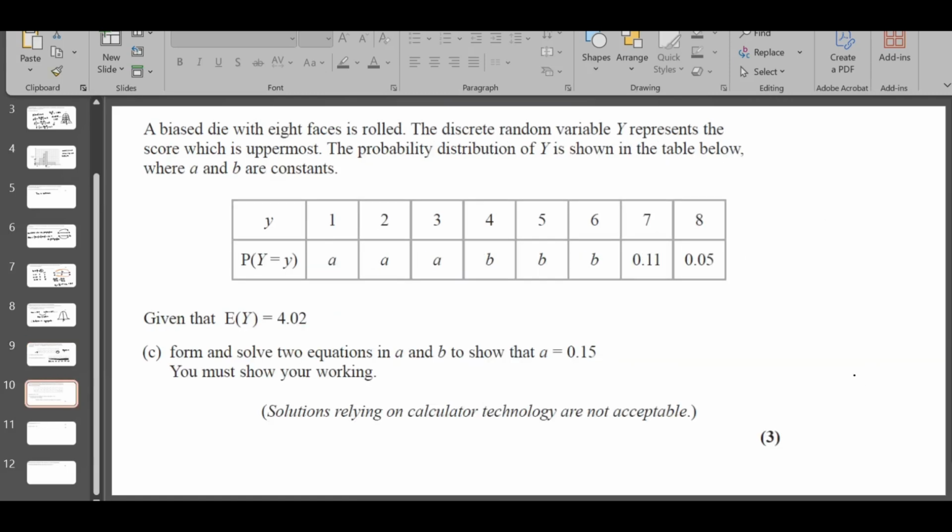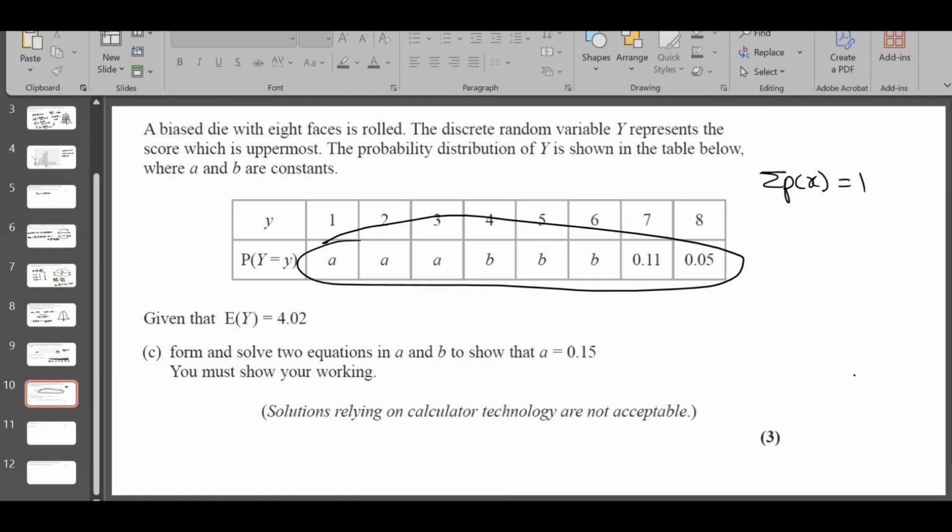A biased die with 8 faces is rolled. The discrete random variable Y represents the score which is uppermost. The probability distribution is given. Given that E of Y is this, solve 2 equations in a and b to show that a is this. You need to frame 2 equations. We know the sum of all the probabilities is equal to 1, sigma p of x is equal to 1.